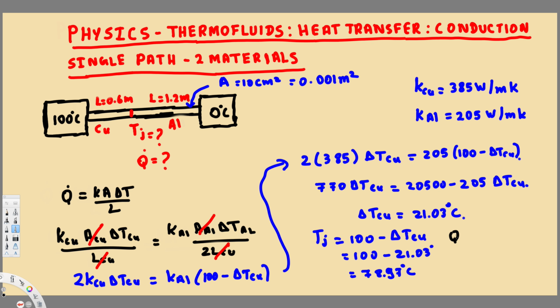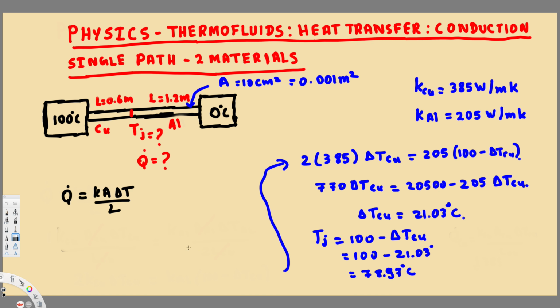So we know that Q dot is equal to kA delta T over L. So Q dot Cu is equal to K_Cu A_Cu delta T_Cu over L_Cu. We don't have enough space right here, so let's continue with this equation.